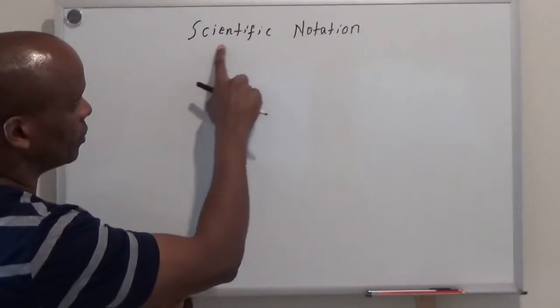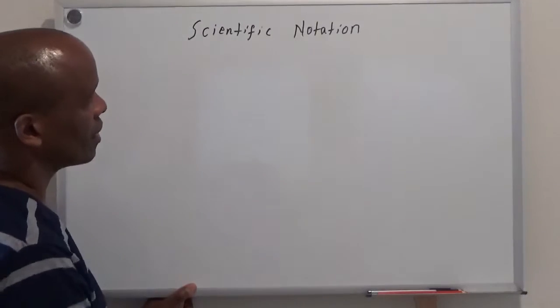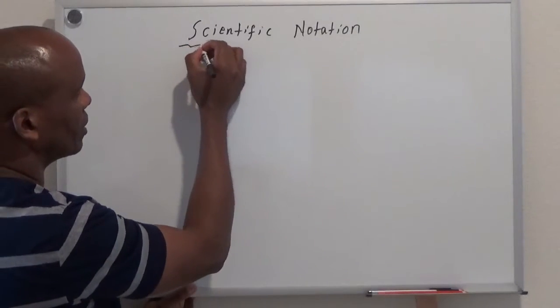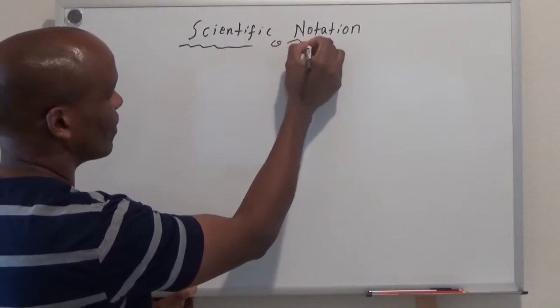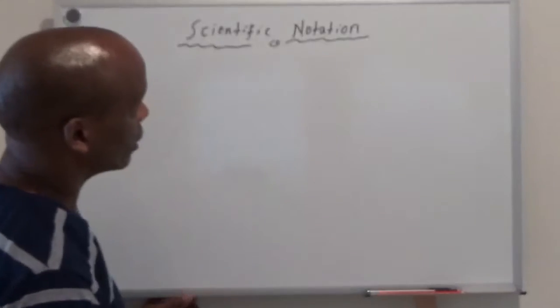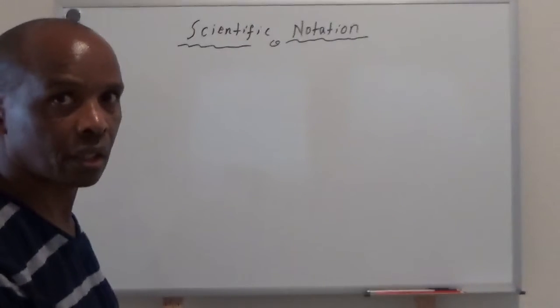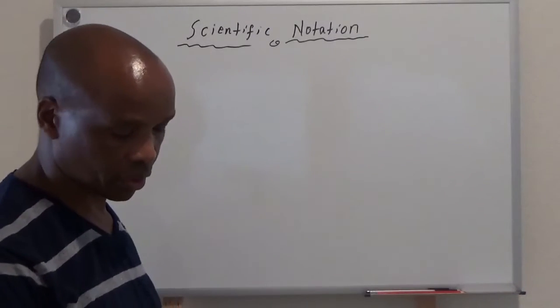That's what I will be showing you, how to write a number in scientific notation. It's very easy. It helps you to solve an equation or a number, to make it easier to handle if you express it in scientific notation.